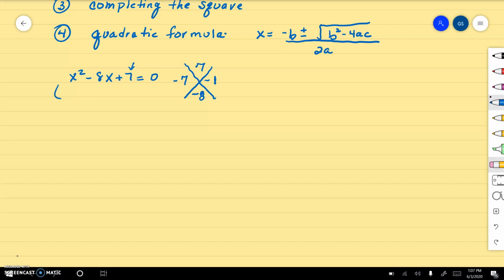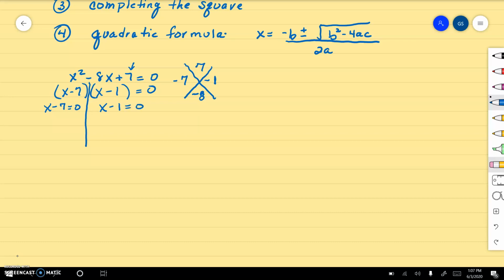So we write our factors, we double bubble, as x minus 7 and x minus 1. We break those factors in half and set each equal to 0. So x minus 7 equals 0, and x minus 1 equals 0.